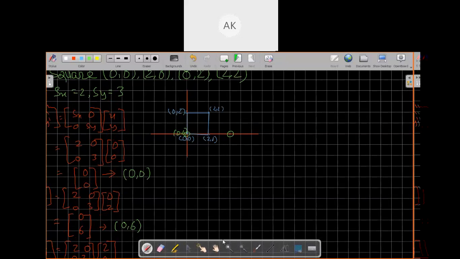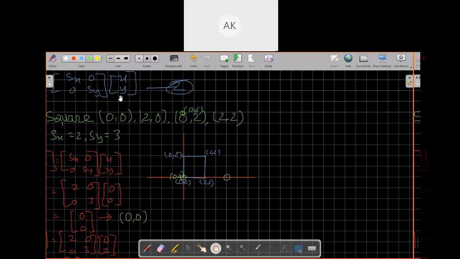So these are our scaled coordinate points. After scaling, let's draw these points on our coordinate system and see the difference. Our first scaled point is 0 0. Next is 0 6.